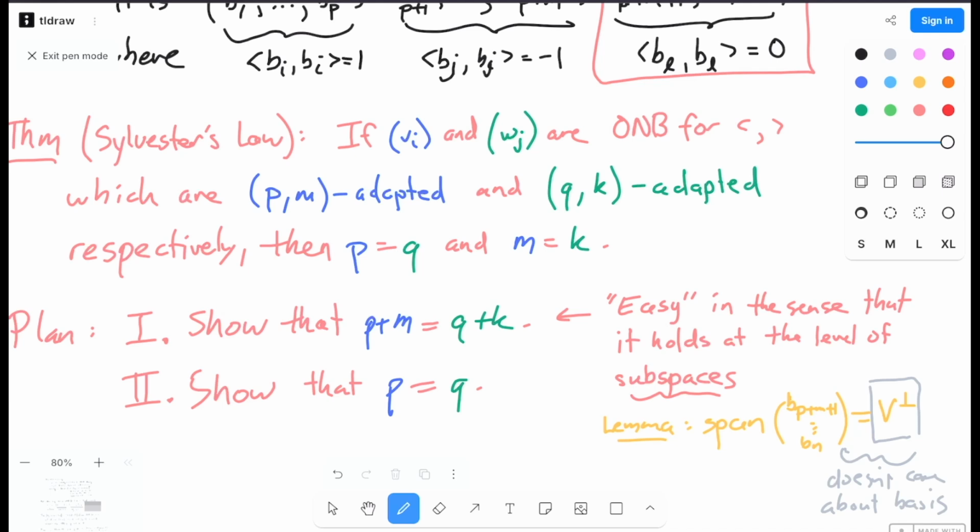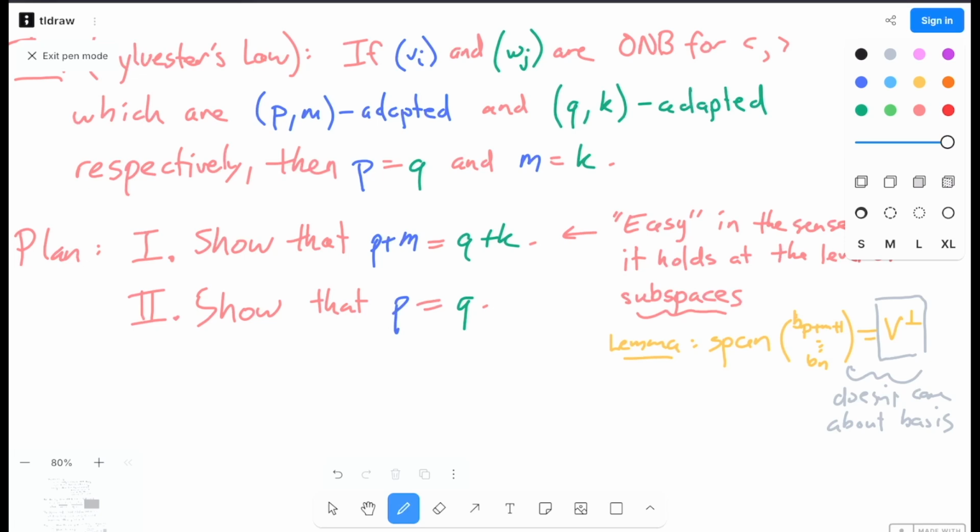Okay. The second part is subtle in the sense that this is not true. I don't have an example right off the top of my head. If someone does, because I imagine there are well-known examples of this statement.